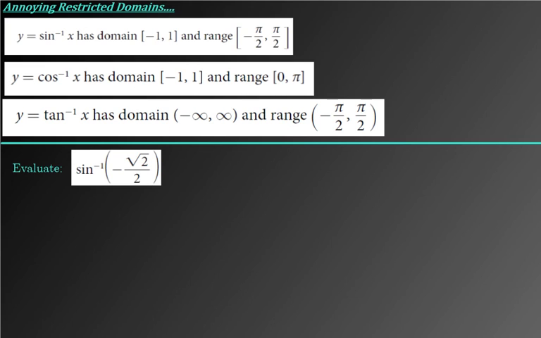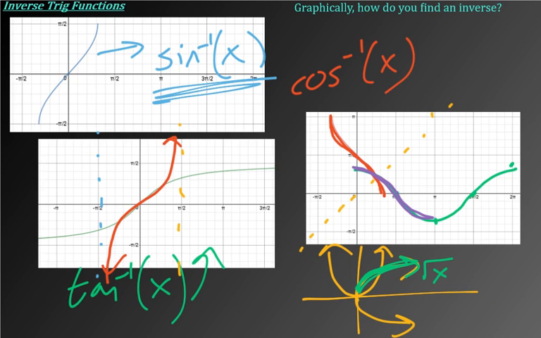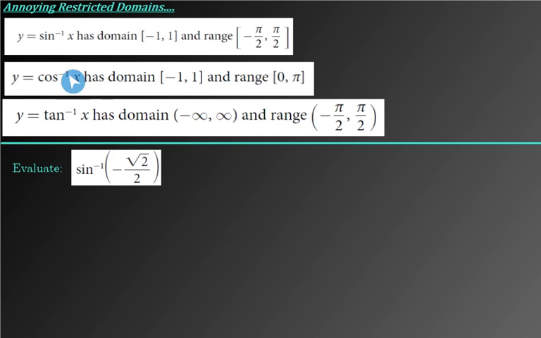These are the three main things I just want you to know. Sine inverse has only the domain -1 to 1, and the range is also restricted from -π/2 to π/2. You can see all that here. It's just defined in that little rectangle right there. That's the whole graph, no arrows or anything like that. Cos inverse has domain -1 to 1 and the range 0 to π.